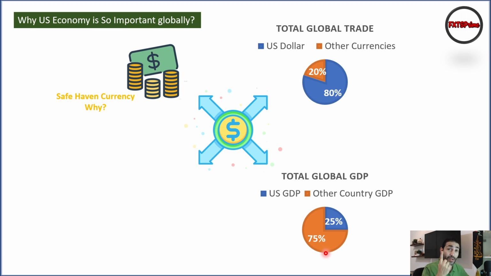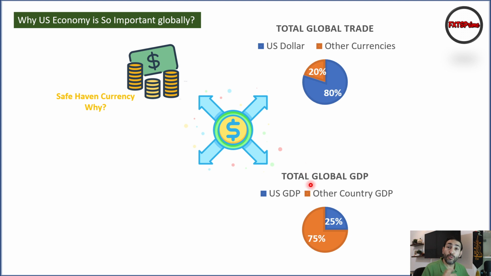When you say one country has 25% of the total globe's production, that is a big amount. And when you say also that the US dollar is 80% of global trade, that is also a big amount. And that is what makes the USD indicators strong.